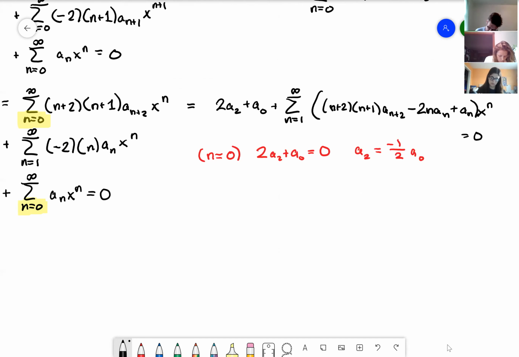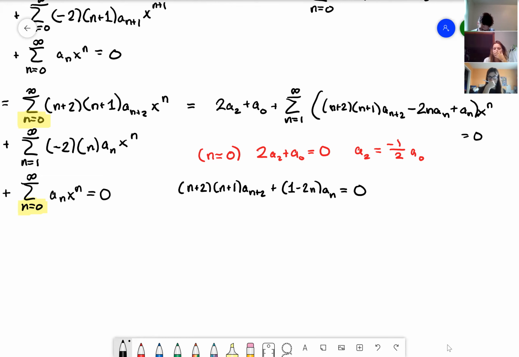Okay, now for the rest of them, what we'll have is n plus 2 times n plus 1, a_{n+2}. And let's rewrite this. Let's combine the like terms for the a_n. So that's going to be 1 minus 2n, a_n equals 0.